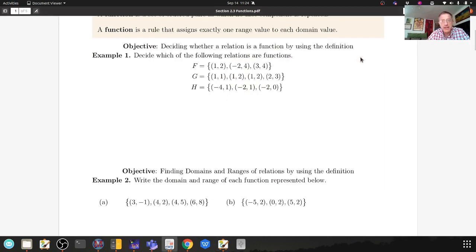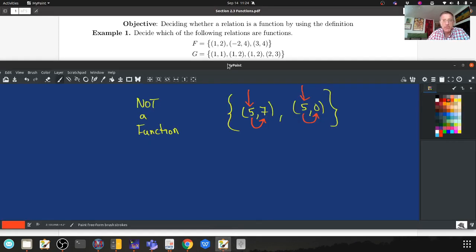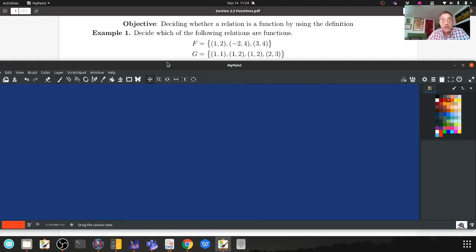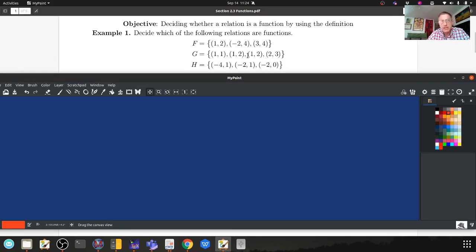So now we have some tests. Let's see which of the following are functions. Now, if we look at f and g and h, they're all sets of ordered pairs. So f, g, and h are all relations. So what we want to do is check to see if they're functions. They're really small. I mean, f is a set of 3 ordered pairs, g is a set of 4 ordered pairs, and h is a set of 3 ordered pairs. So they're easy.